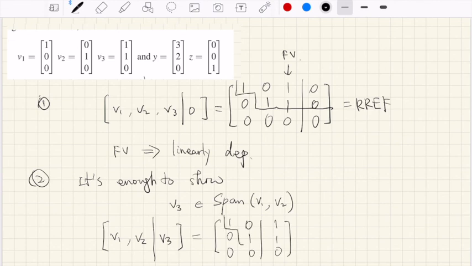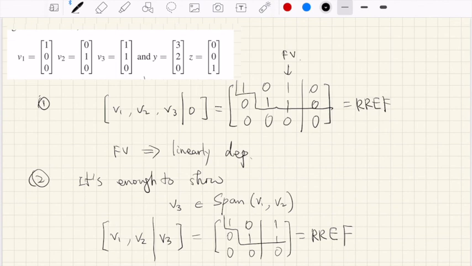And this is RREF. What does it mean? There's no free variable, and the last column is also not a pivot. In other words, there exists a unique solution. The solution is x1 equals 1, x2 equals 1.